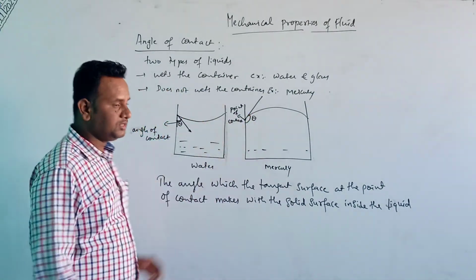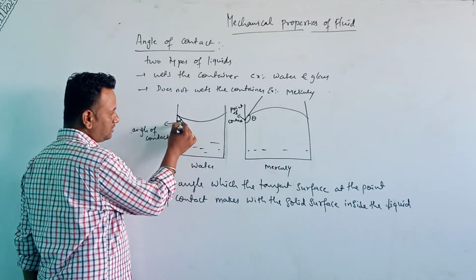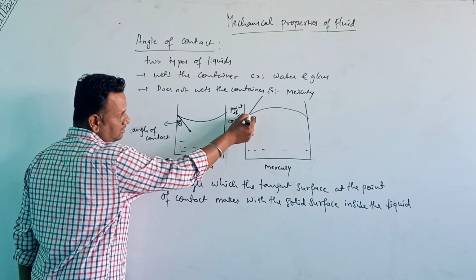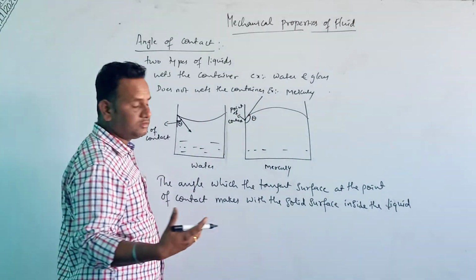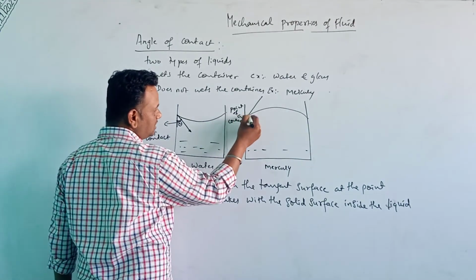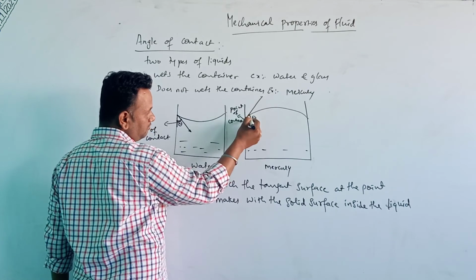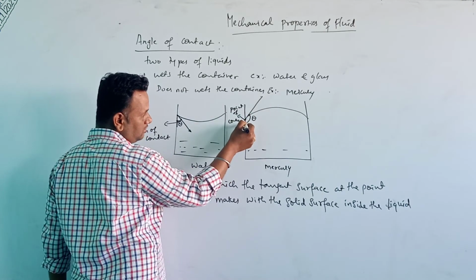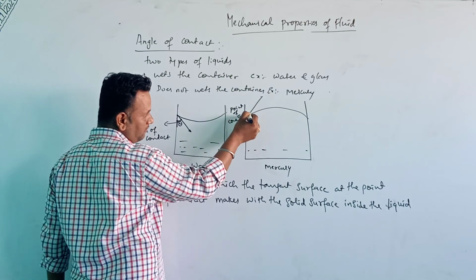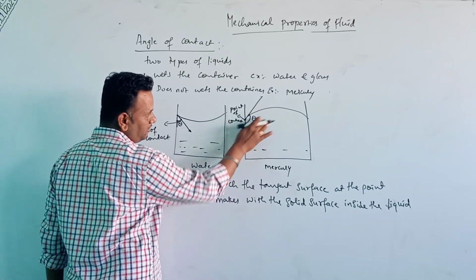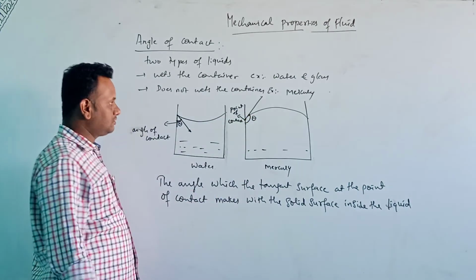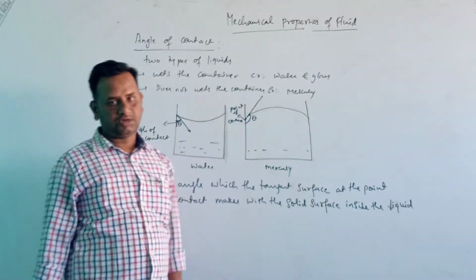This is the point of contact, and the angle forming here is theta. Inside the liquid, here also it is inside the liquid, and here also it is inside the liquid. So the angle between the tangent at the point of contact and the solid surface inside the liquid, this angle theta, is called the angle of contact.